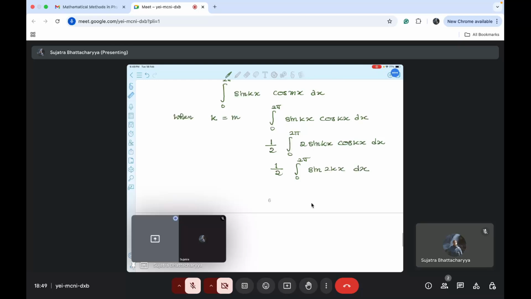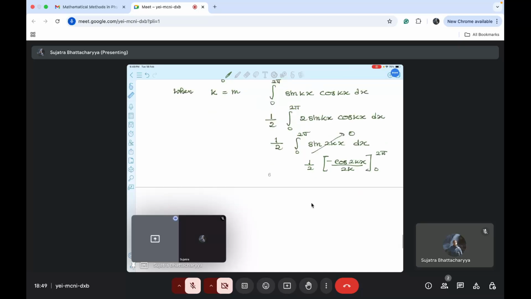And we know that the integration from 0 to 2 pi of sine of anything is 0. This becomes half of minus cos 2kx divided by 2k, from 0 to 2 pi. Cos 2 pi is 1, cos 0 is 1.